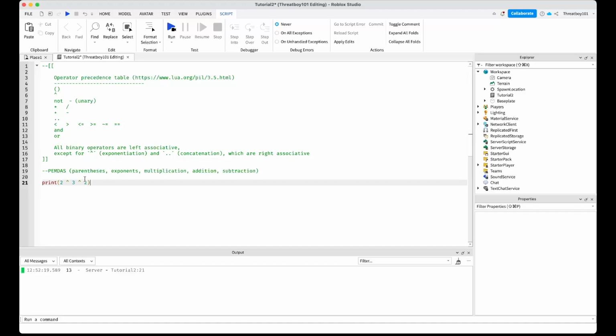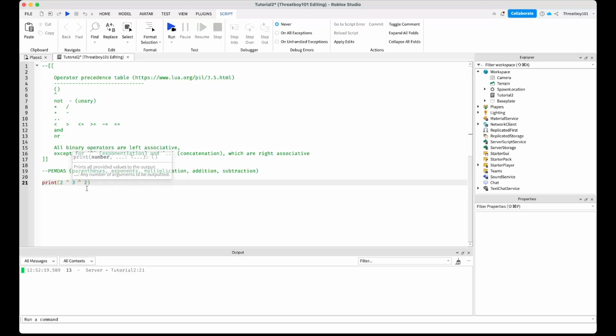So for example, there's the exponentiation operator, and that's for exponents. As it says here, exponentiation is right associative. So that means that it'll start from the right and then go to the left. So it'll do 3 squared first, which will be 9, and it'll do 2 to the 9th, right?